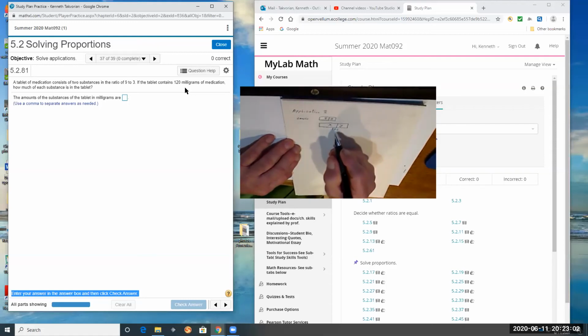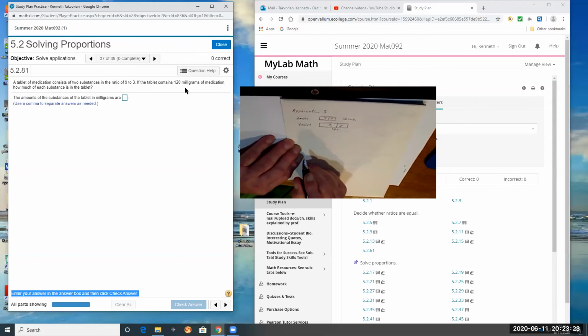Since we don't know the amount of either substance down here, but we know the total, let's figure the total substance in the sample. The sample has 12 units. The actual tablet has 120 units. Now we can set up two separate proportions. There's two problems in one.